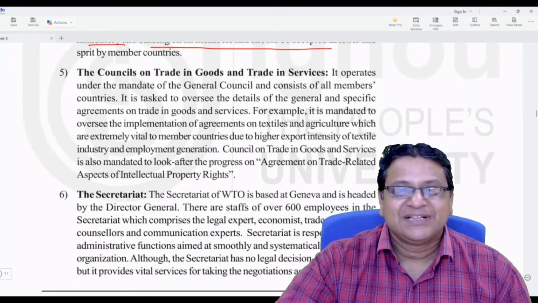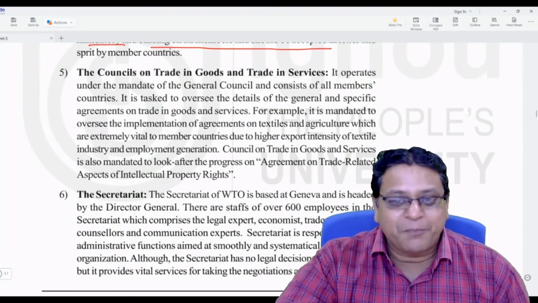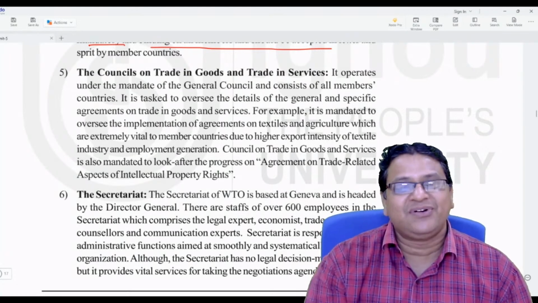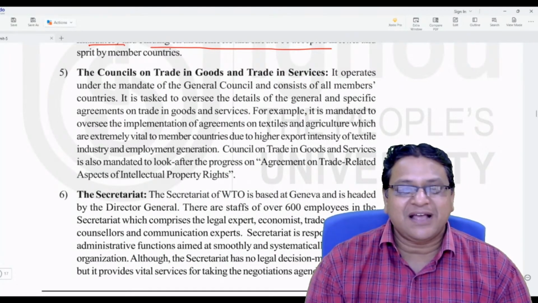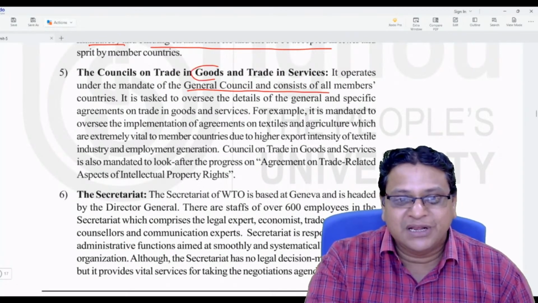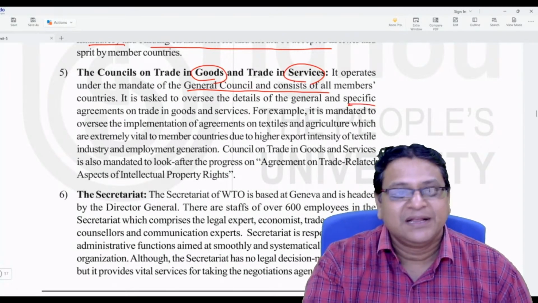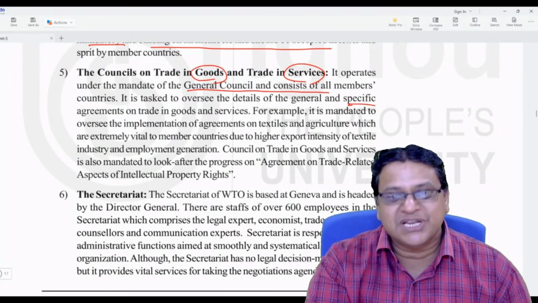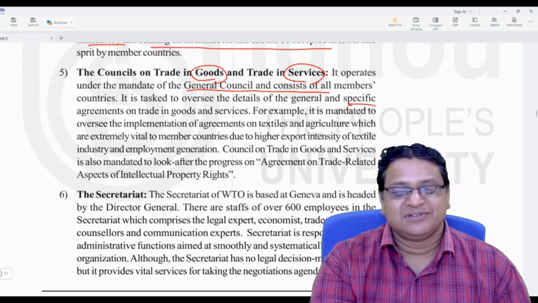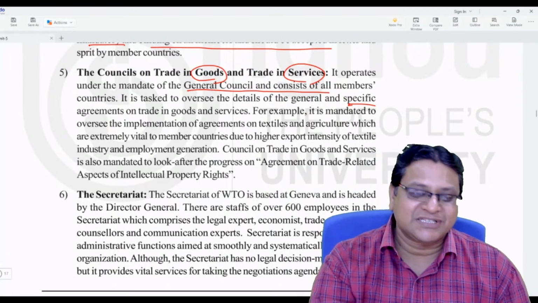Then the next ones are the goods council, services council and intellectual property related councils. These councils act under the General Council. The General Council consists of all members, but the goods council and services council consist of specific members, and in those councils specific goods-related rules are discussed and negotiated. In the services council, service-related rules are discussed.